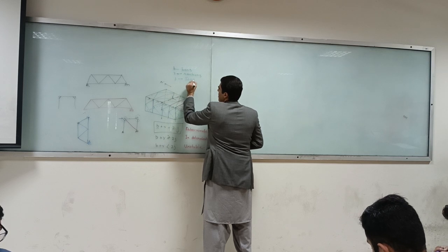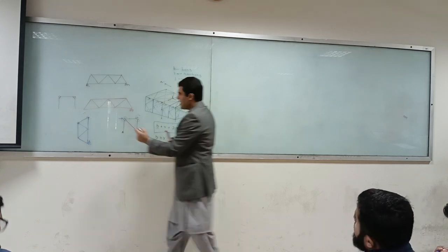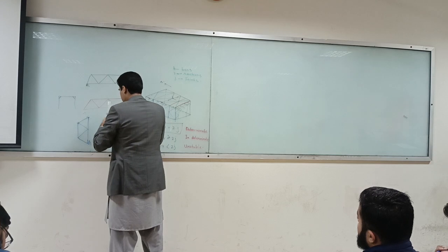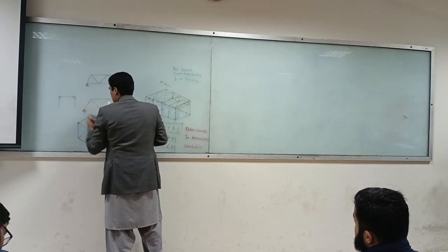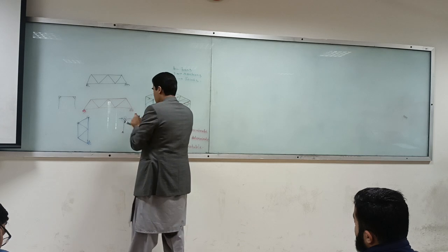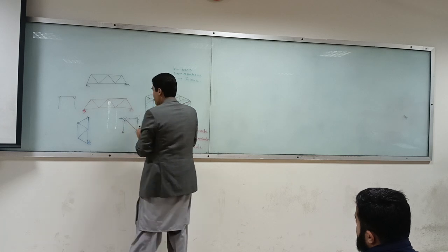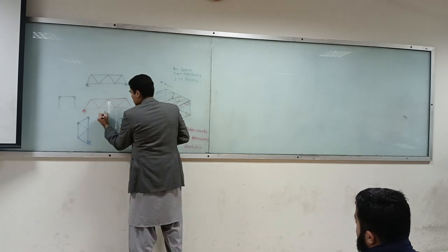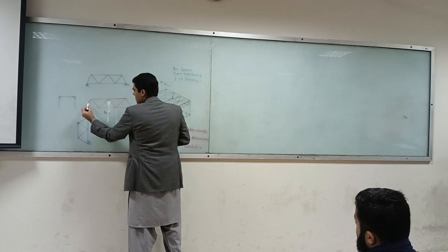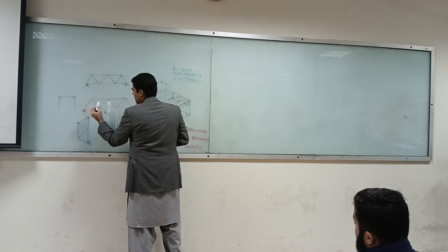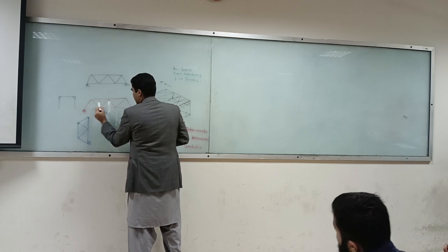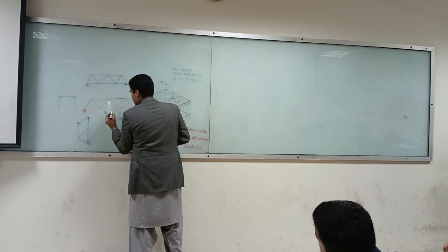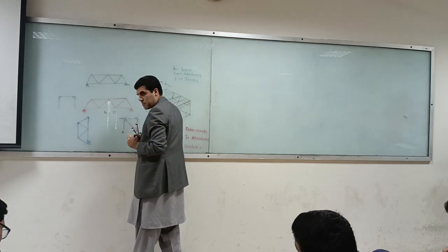So in this case, if we have a truss like this one, how many B's are there? B is equal to how many? 1, 2, 3, 4, 5, 6, 7, 8, 9, 10, 11. So B is 11.